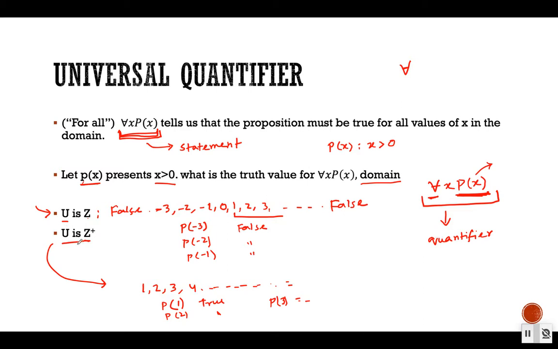So for every value of x in this domain our predicate is true, because all values of x are greater than 0. So in this domain our statement is true.